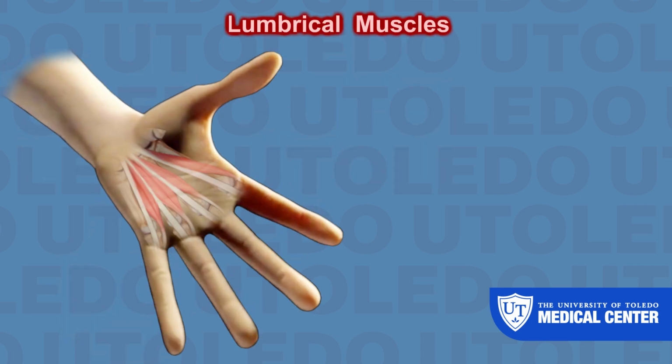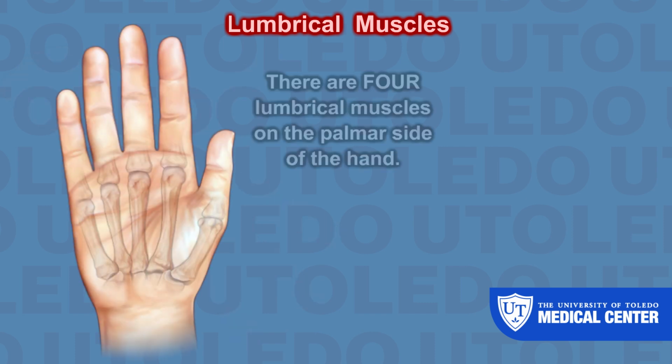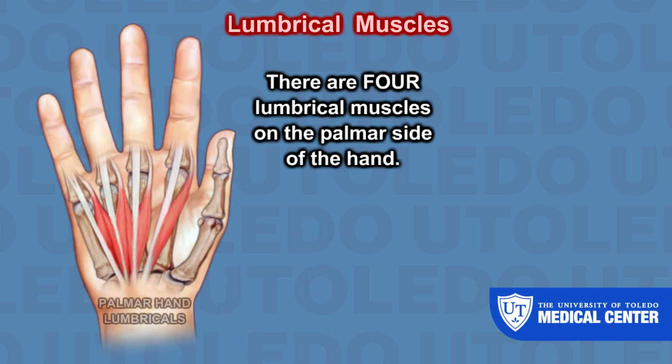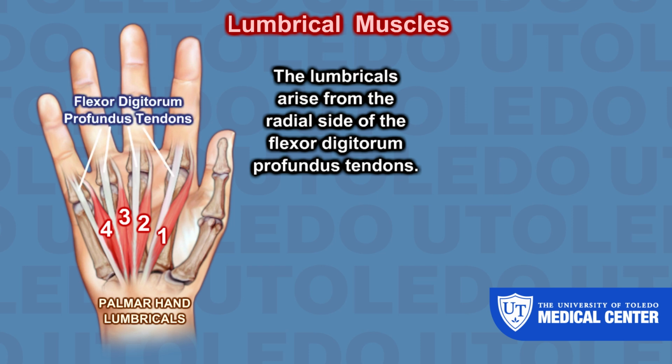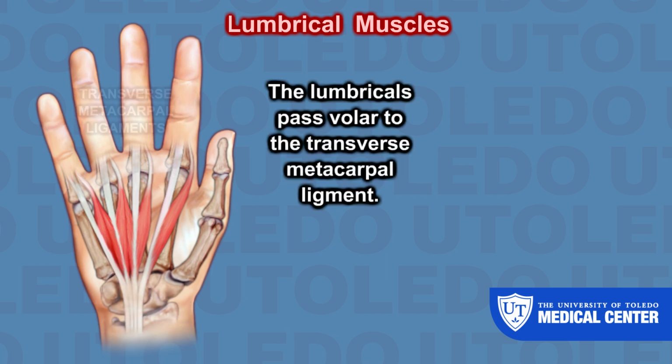Let's discuss the anatomy associated with the lumbrical muscles. There are 4 lumbricals on the palmar side of the hand. The lumbricals arise from the radial side of the flexor digitorum profundus tendons. The lumbricals pass volar to the transverse metacarpal ligament.